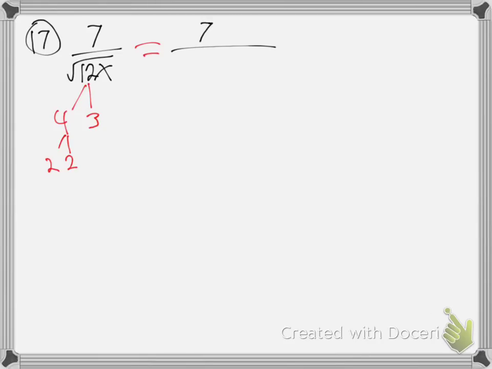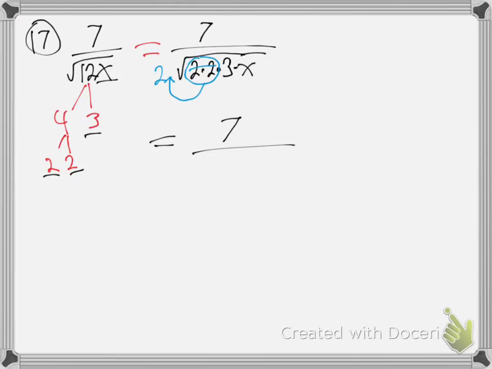Becomes 7 over root of 2, 2, 3, x. Right? 2, 2, 3, and then the x is in there also. Okay, and then the 2 2's inside. Ship 1 2 outside, and they're gone. So we get 7 over 2 root of 3x.